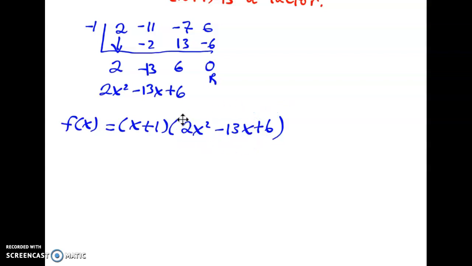You can do it using decomposition or whatever method you learned at your school to factor this quadratic. So I can do it off to the side here. If you're doing a long method, 2 times 6 would have been 2 numbers that multiply to 12 and add to -13. So that would be -13 and -1. Sorry, -12 and -1, I should say.